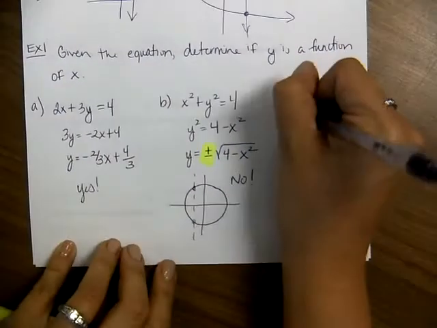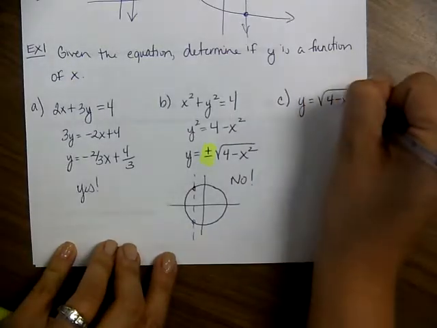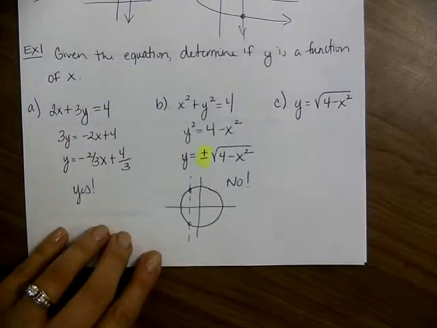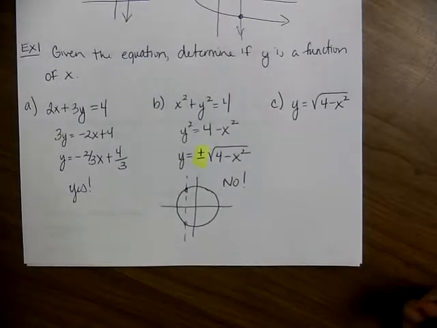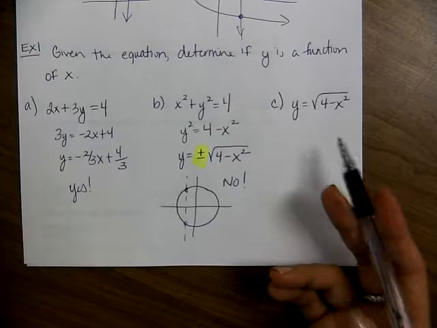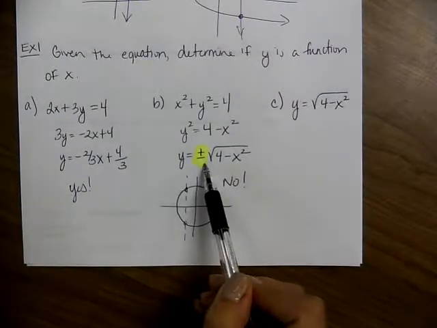Okay, but now what if I gave you the equation that looked like y equals the square root of 4 minus x squared? Already solved for y, so now we got to think about, okay, what's going on here. If I plug in 0 again, I get the square root of 4 again, which is 2, but what I don't have outside is the plus or the minus.